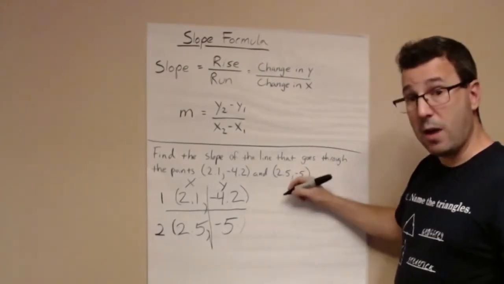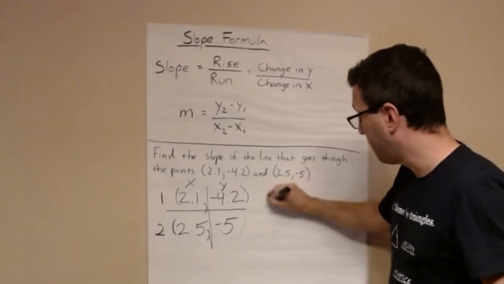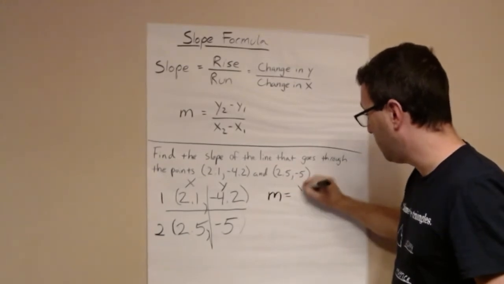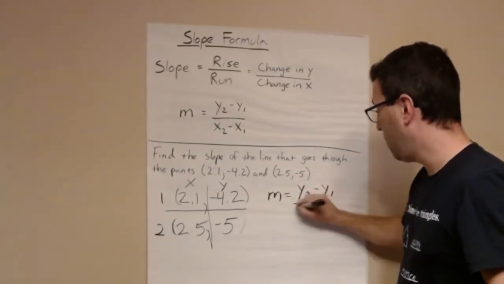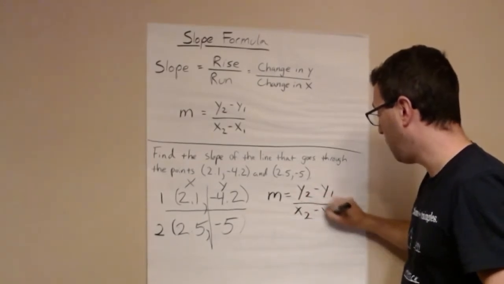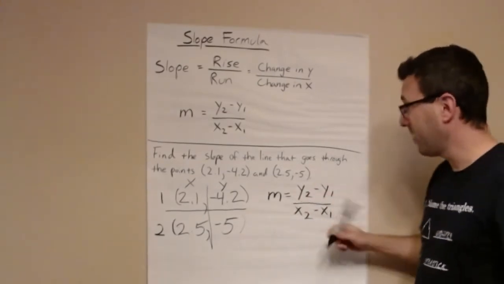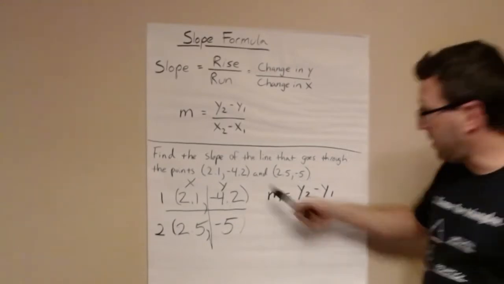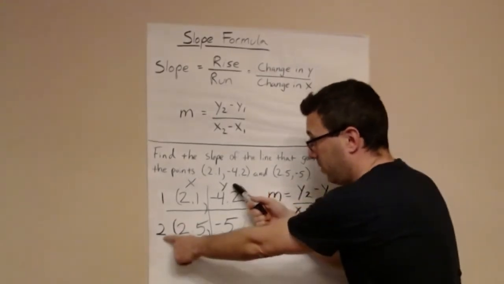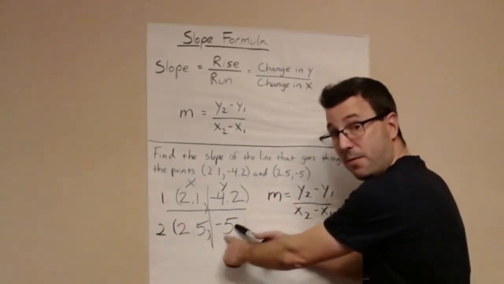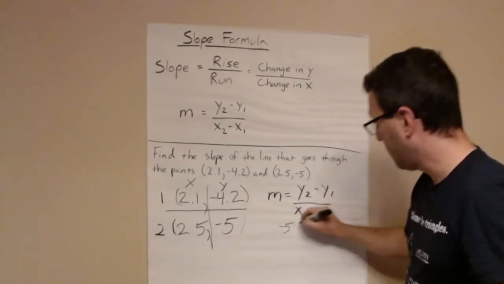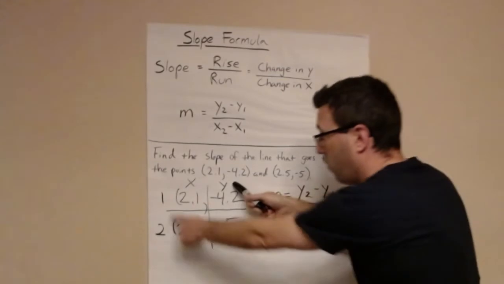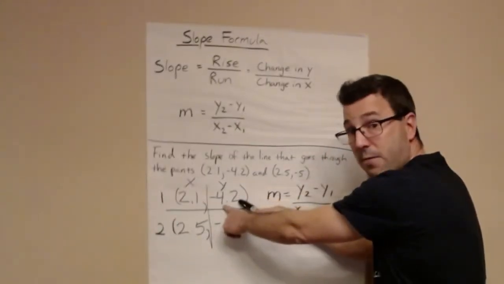So I'm going to rewrite my slope formula. M equals y2 minus y1 over x2 minus x1. And then I say, okay, y2, that's negative 5. So negative 5 minus y1, that's a negative 4.2.